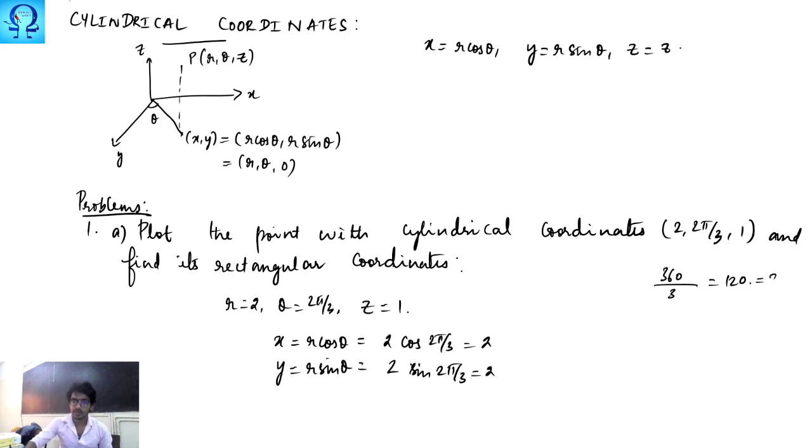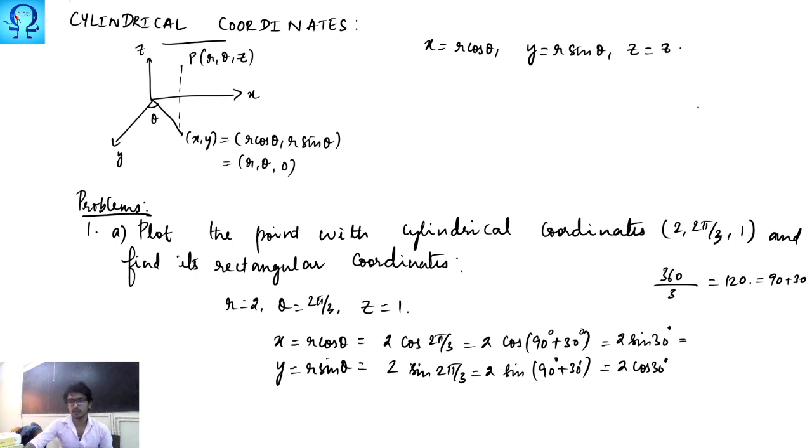120 means we shall write this as 90 plus 30. So cos of 90 plus 30 degrees, and this is sin of 90 plus 30 degrees. So it is going to be 2 times of minus sin 30 degrees, and this is 2 times cos 30 degrees.